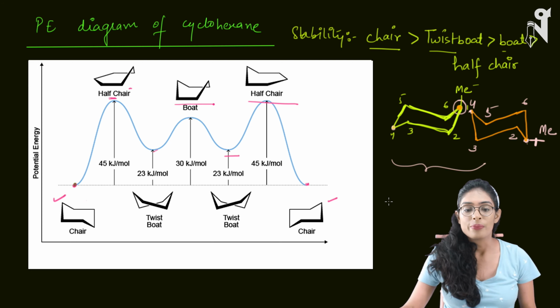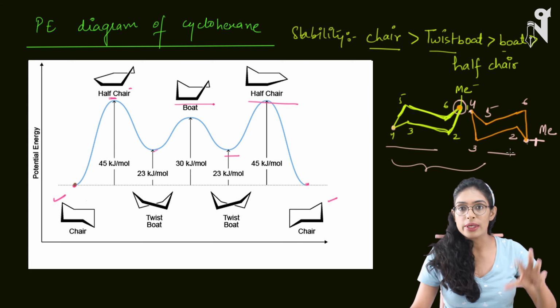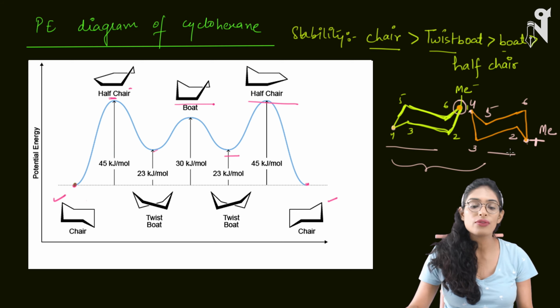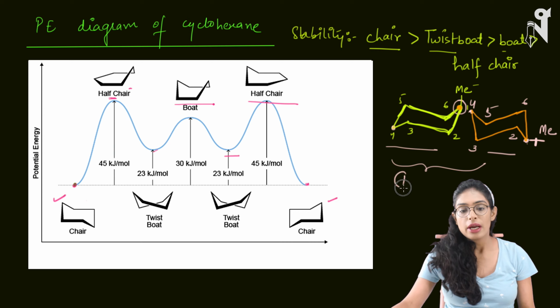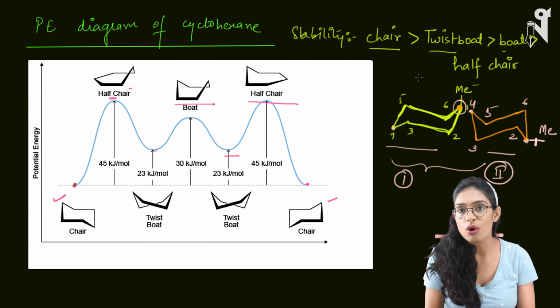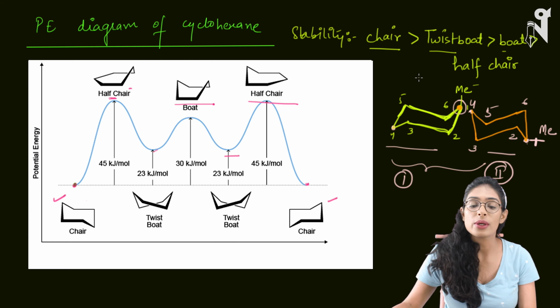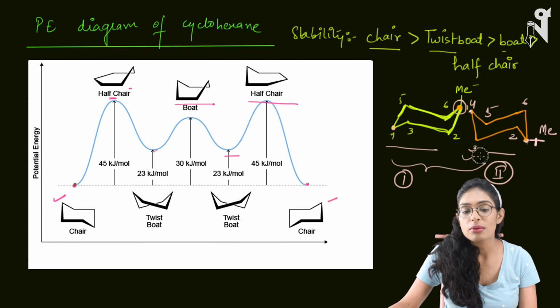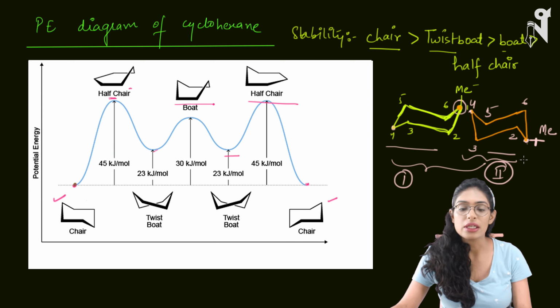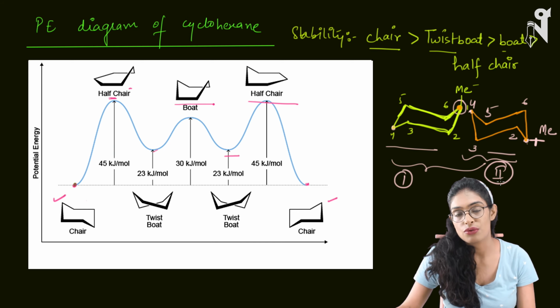Now, when I talk about the presence of form 1 and form 2 in the cyclohexane, just look at this. Whenever we randomly check the conformation of cyclohexane, we find that most methylcyclohexane molecules are in the second form rather than the first form.